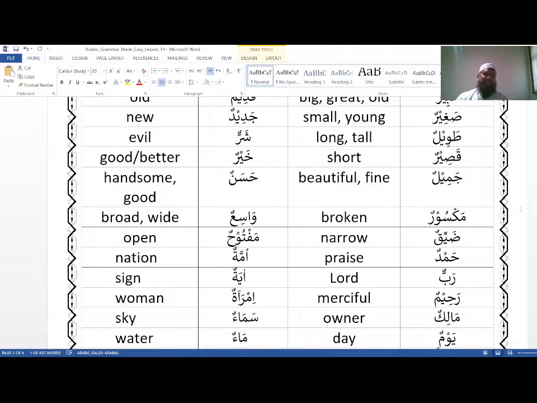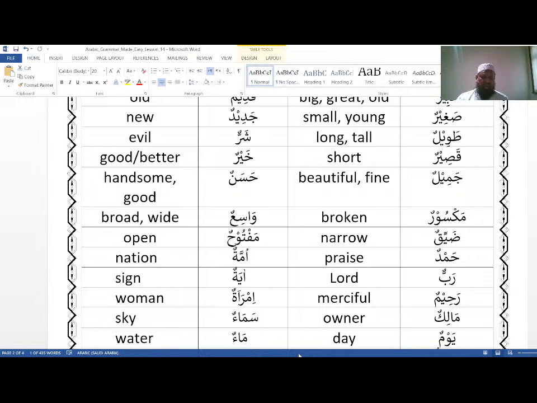So in that meaning, sama will be mudhakkar. Sama'un also means rain, matar. Because matar is mudhakkar, when we use it, it's very rare, that's translated as roof. But just remember this: sama'un always used as a sky will be muannas.